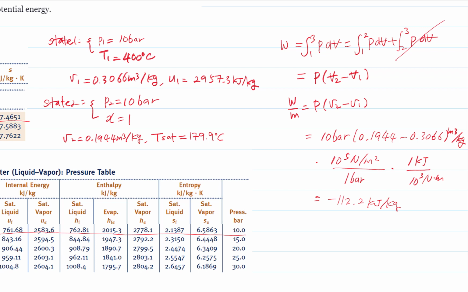The work is negative 112.2 kilojoule per kilogram. So our assumption is work done by the system is positive. And the result is negative value, which means the actual work was done on the system.